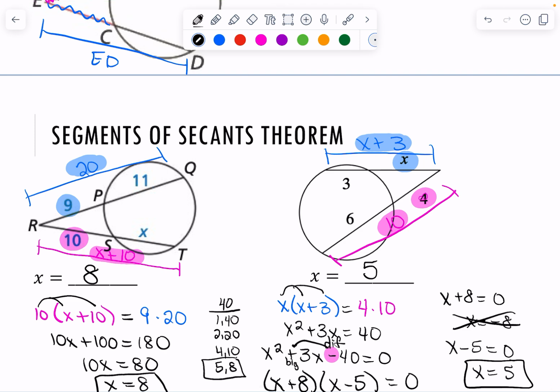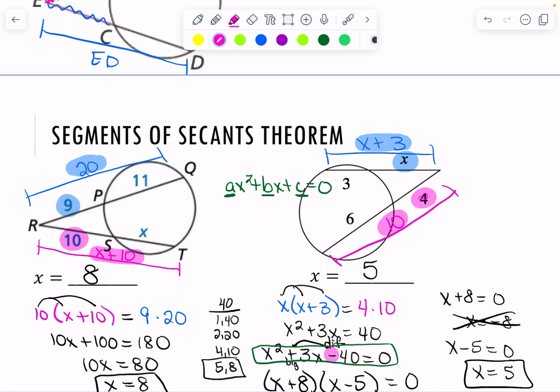Okay, so when we do the quadratic, remember, it's based off of ax squared plus bx plus c equals 0. So we look at those numbers. The a is attached to the x squared, the b is attached to the x, and the c is by itself.